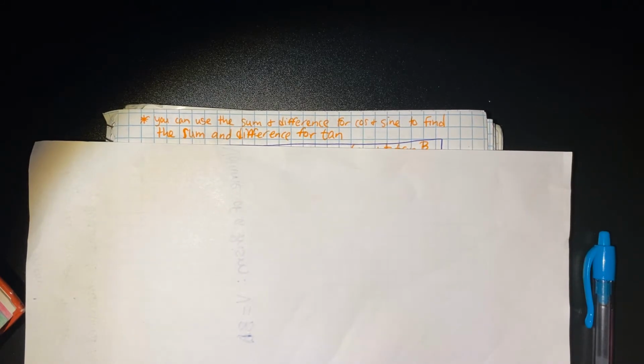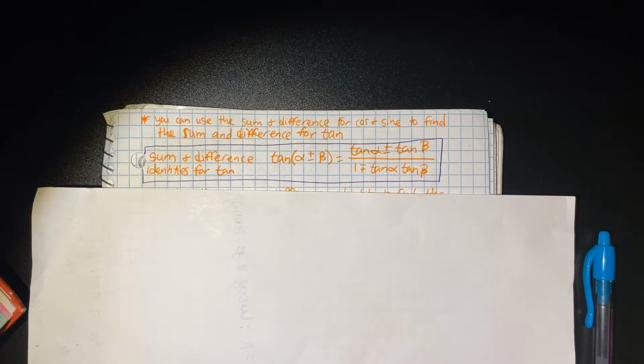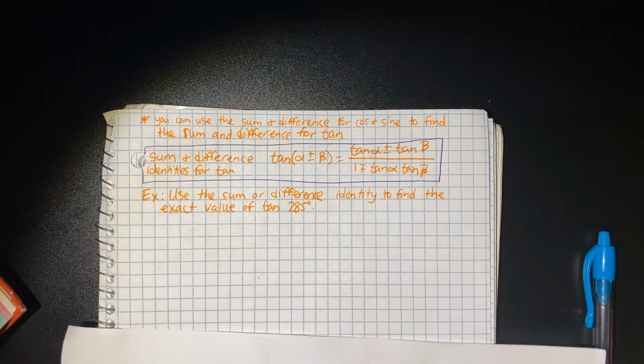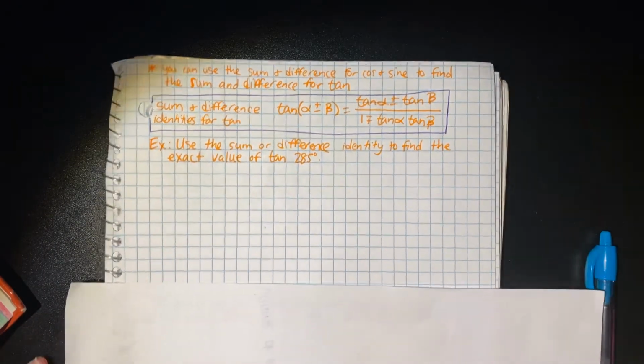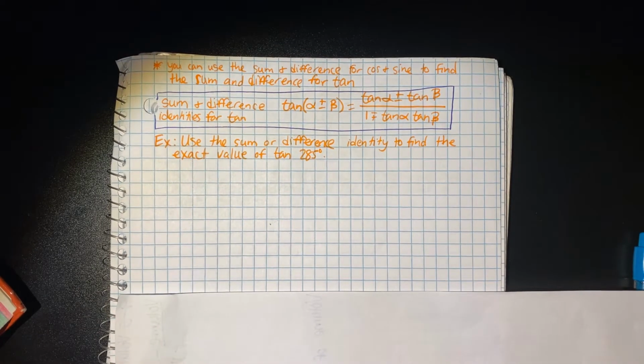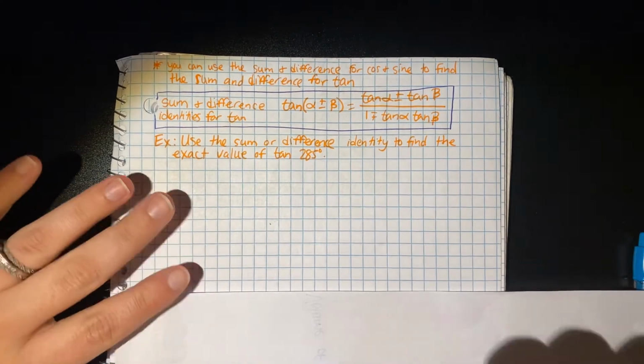All right, last thing. You can use the sum and difference for cosine and sine to find the sum and difference for tangent. So here it is. Nope, they didn't actually derive that for you. You're supposedly going to later, but I don't think I assigned it to you. So there's the equation. So we're going to try it out and use it. It says, use a sum and difference identity to find the exact value for tan of 285.